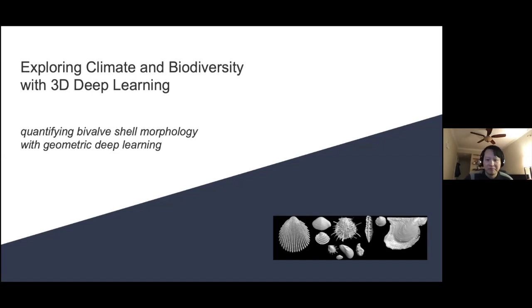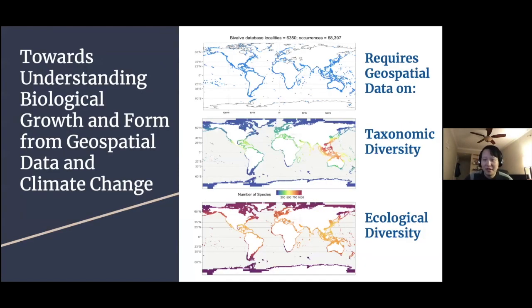As they mentioned, one exciting goal in this project is to give a characterization of the morphological data and to connect this morphological information with larger scale information such as geospatial statistics.